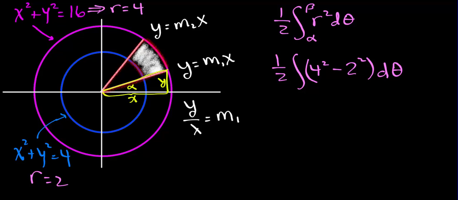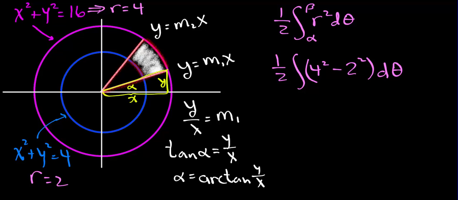Now remember, tangent of alpha is equal to y over x. So alpha is going to be arctan of y over x, or in other words, arctan of m1.